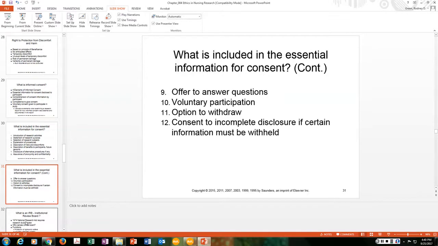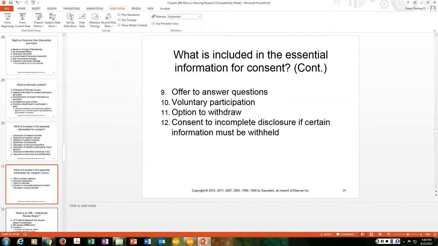The researcher offers to answer questions. They make it clear that there's voluntary participation. The participation statement indicates that their participation is voluntary, and refusal will involve no penalty.